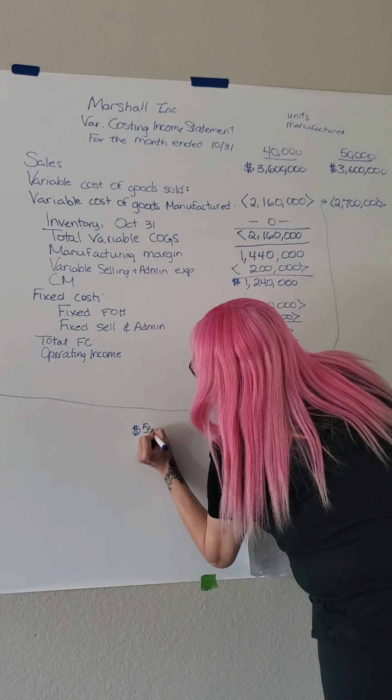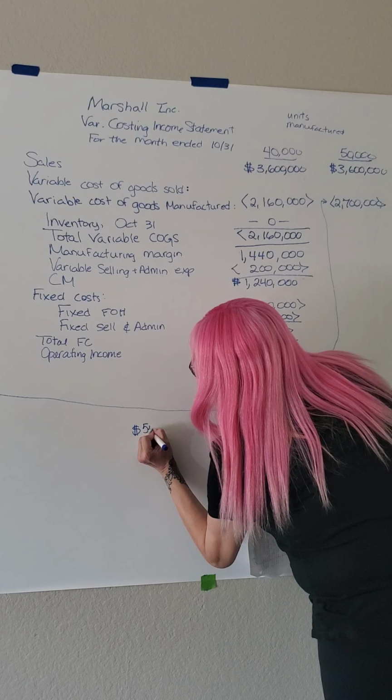And that's going to give us our contribution margin of $1,240,000. Oops, not negative. And remember that contribution margin is what's left over to take care of all these fixed factory overhead and fixed selling and administrative costs.